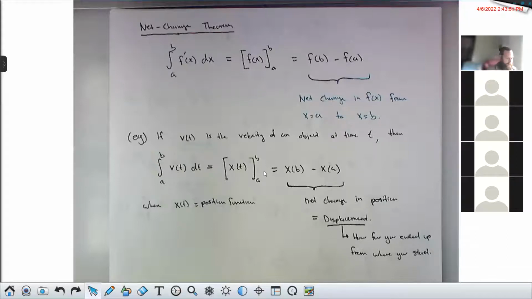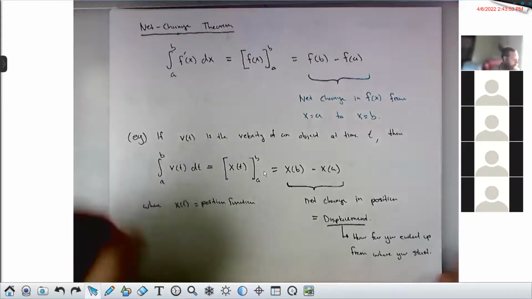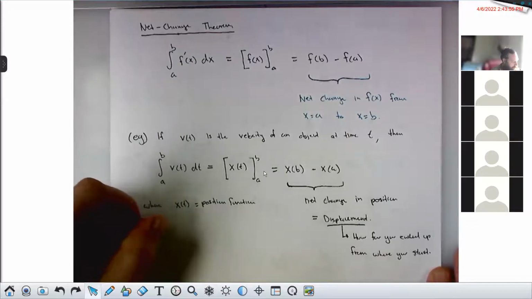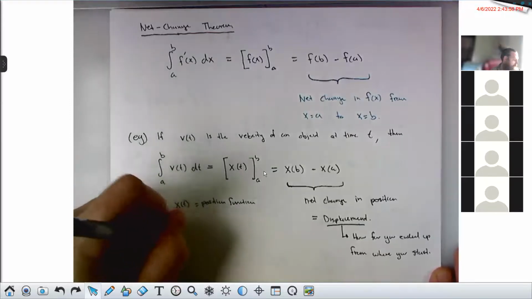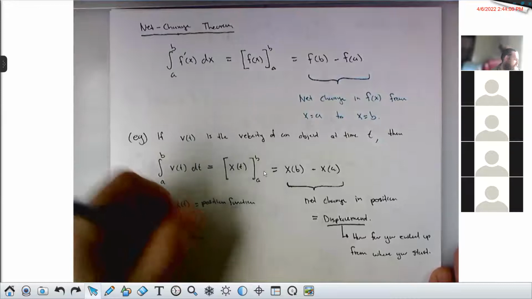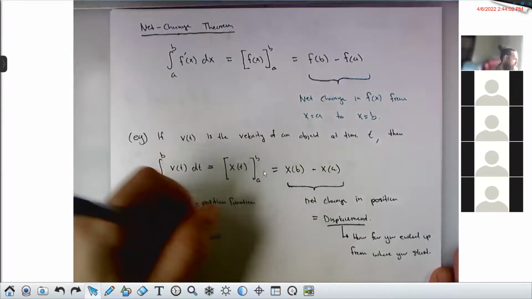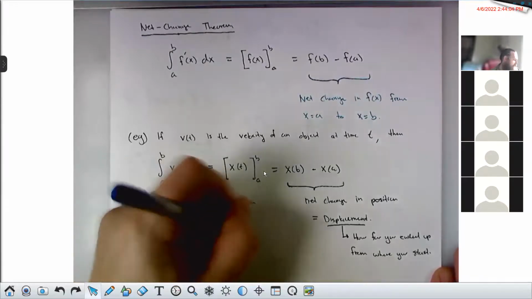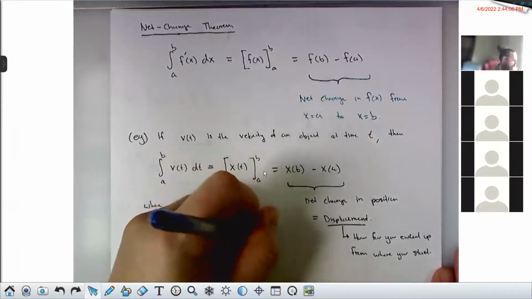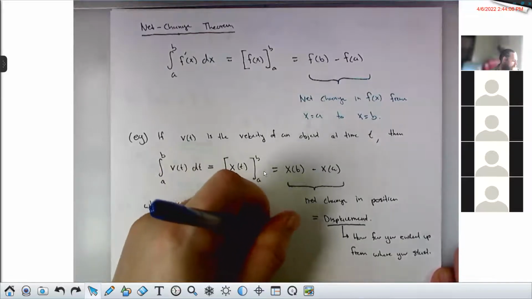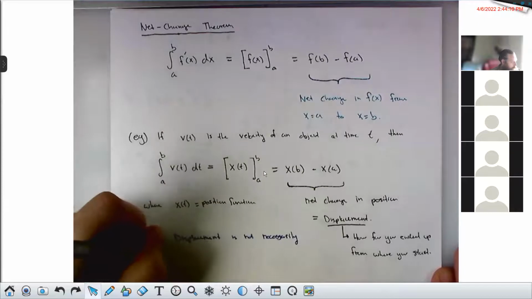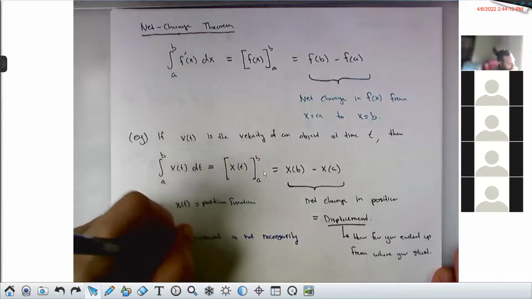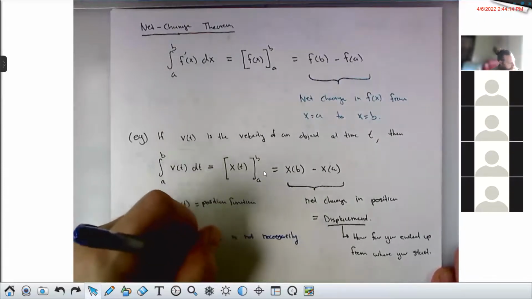And the important note here: displacement is not necessarily equal to distance traveled.